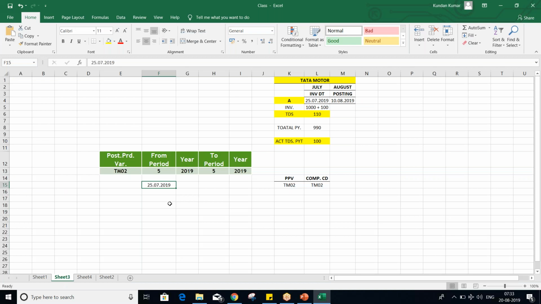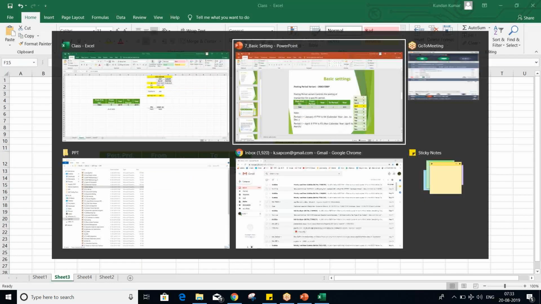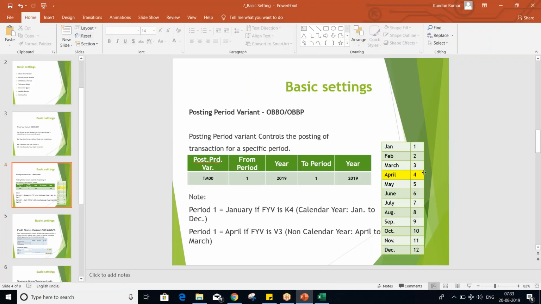The system came to know it is non-calendar year, meaning April to March, because we have done this setting in the fiscal year variant.